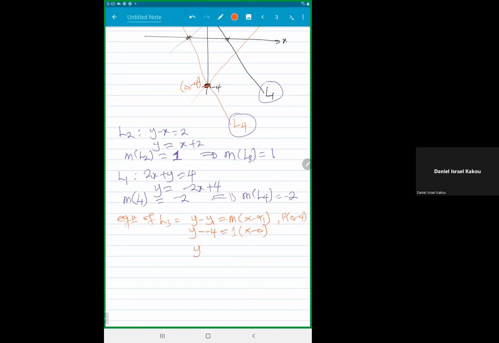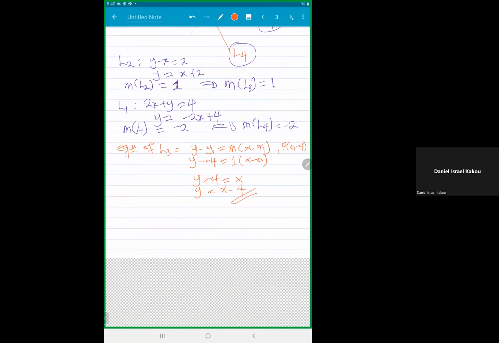So finally, we have y plus 4 is equal to x, right? And you can leave it this way, or you can arrange everything as y is equal to x minus 4. So that is the equation of one of the parallel lines we have to find, which is L3.